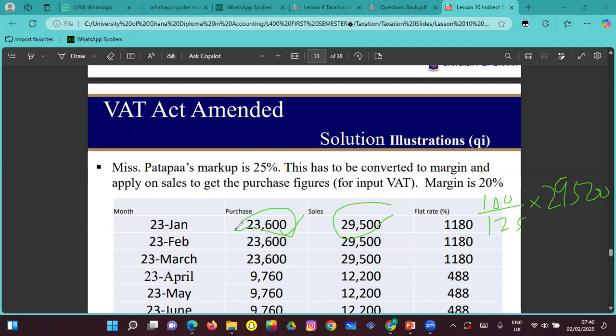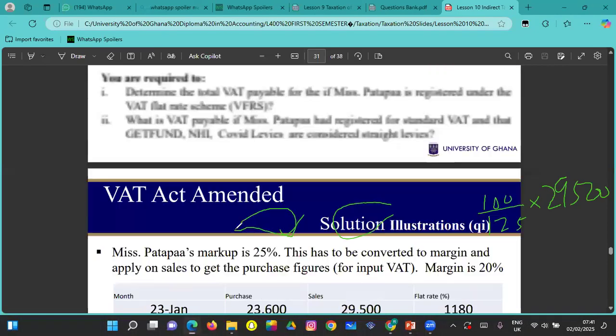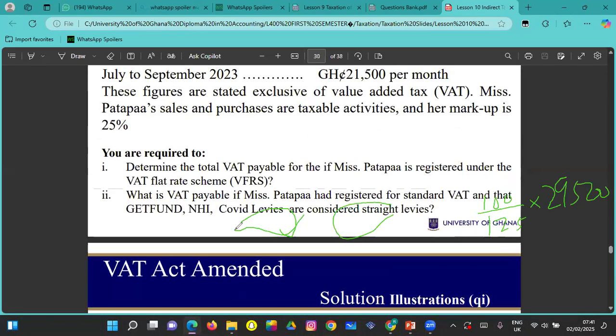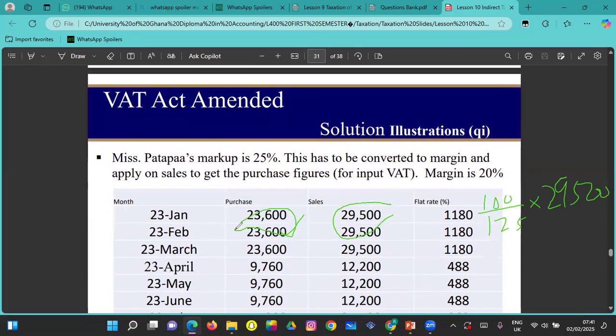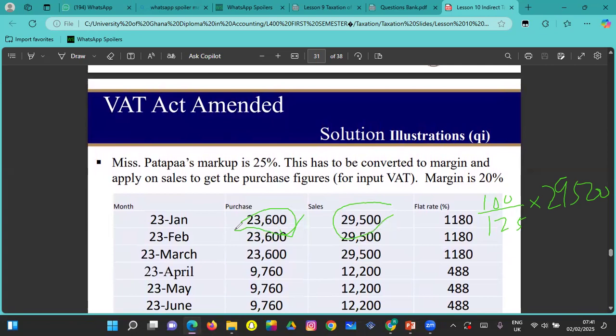Now, since it's only attracting a VAT flat scheme, we are going to calculate NHIL and GET Fund only on the purchase amount.